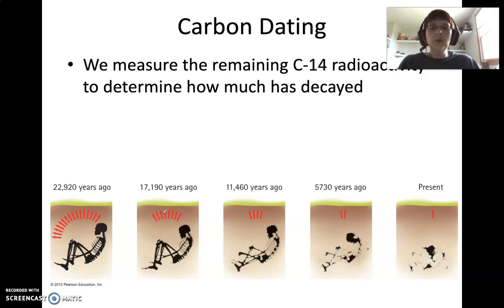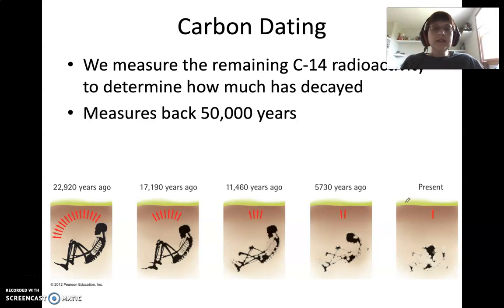As you can see, as we come forward in time, we're coming forward in those half-life time steps. So half of the carbon is gone, and again, another half step, half the carbon is gone, another time step, half the carbon is gone, another time step, half the carbon is gone.